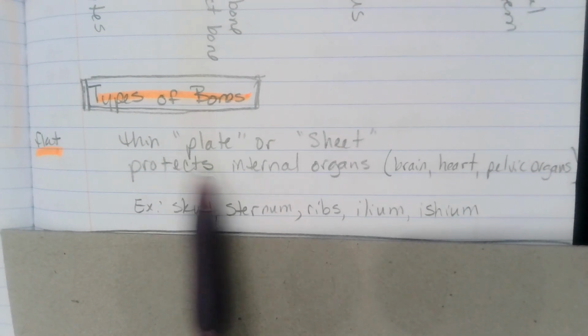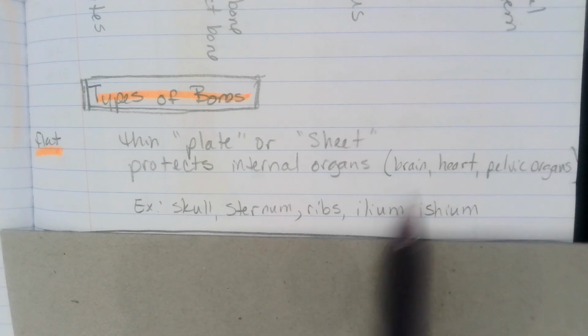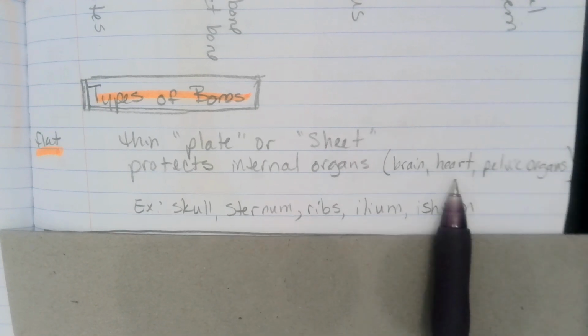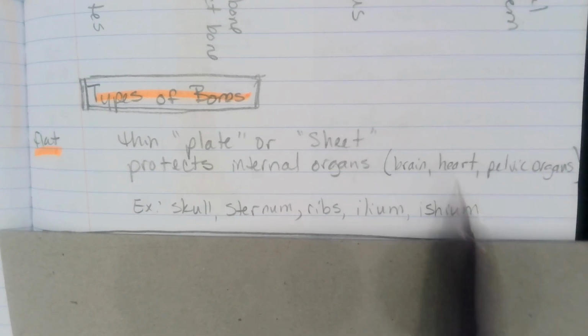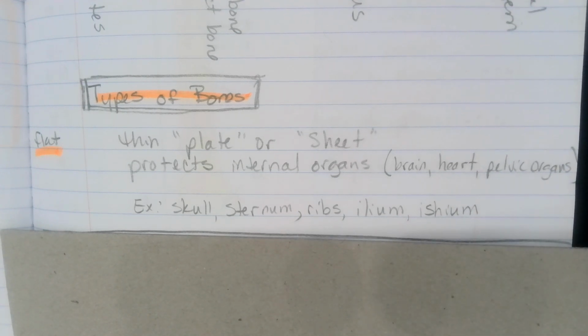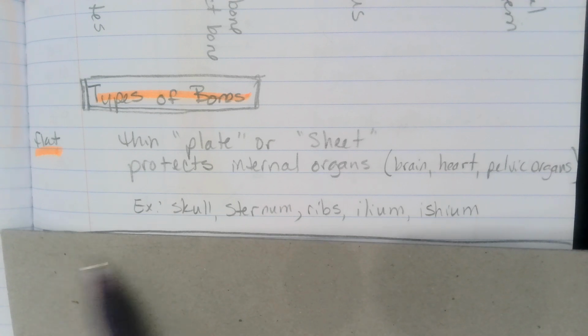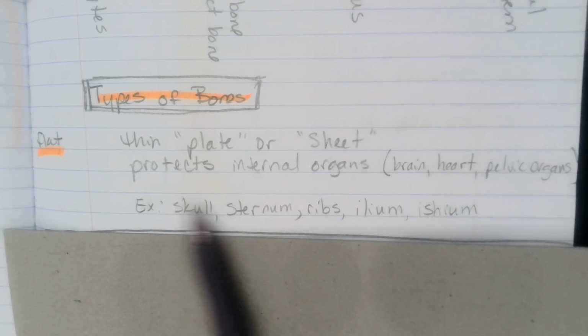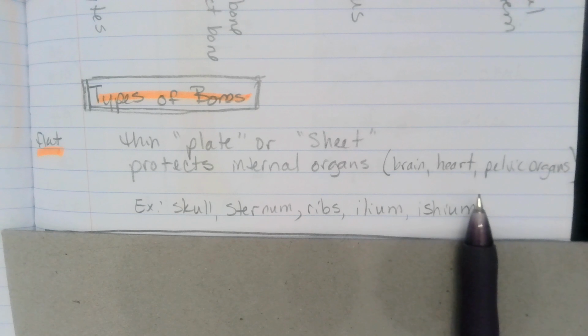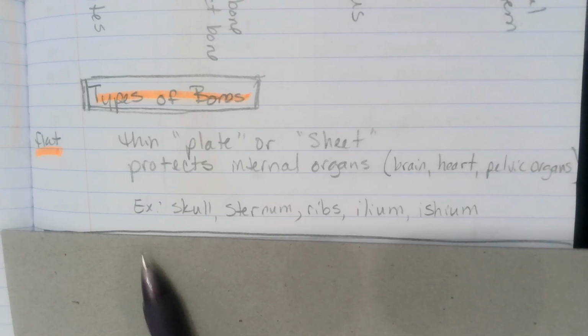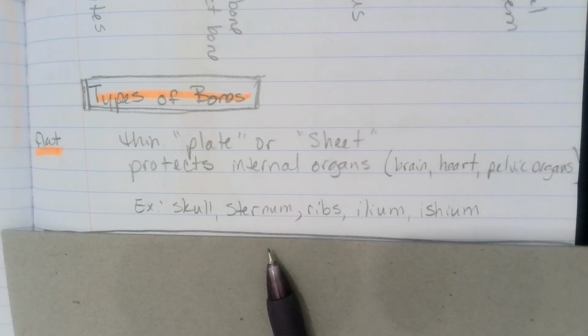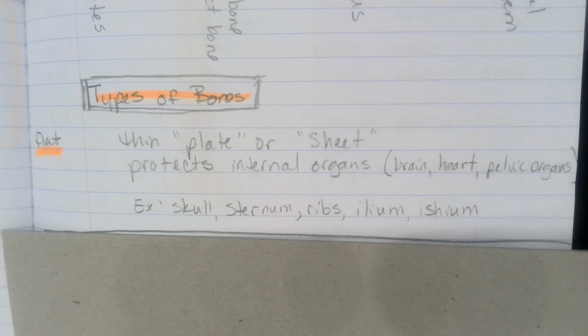So the skull is a very thin kind of plate, and it protects our brain. Sternum protects our heart, ribs protect our heart, ilium, ischium, those are protecting our pelvic organs. So flat bones are thin plates or sheets. They protect internal organs like our brain, heart, and pelvic organs. Some examples of flat bones are the skull, sternum, ribs, ilium, and ischium.